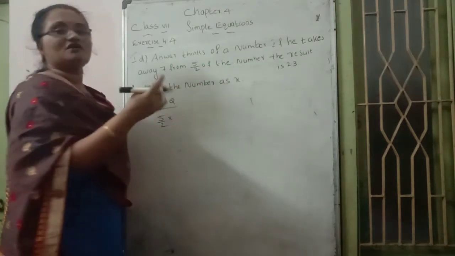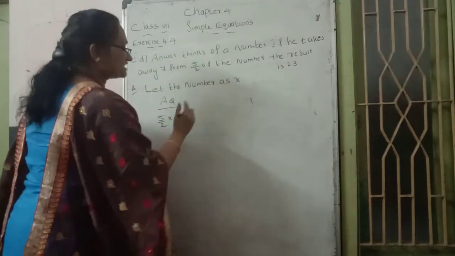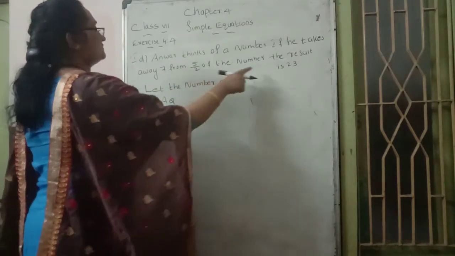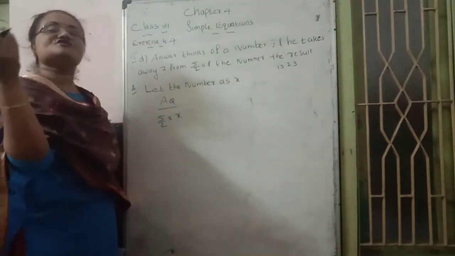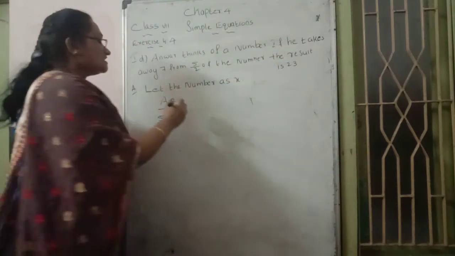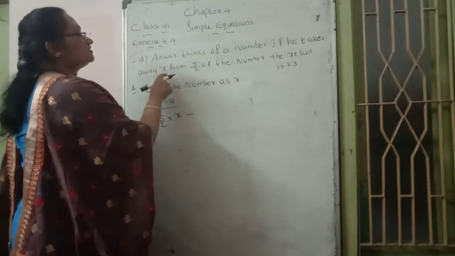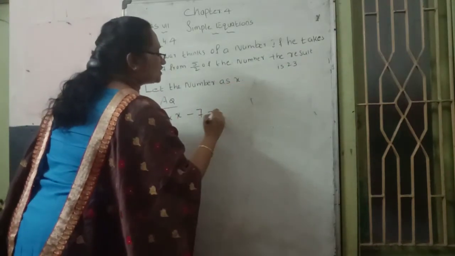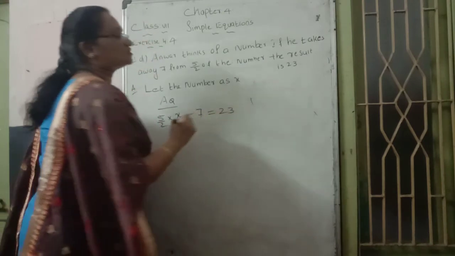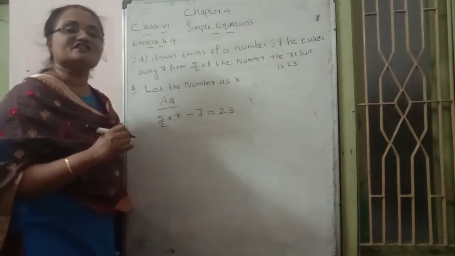The number, or a number, we consider as an alphabet x. He takes away means which operation? Subtraction operation. Which number? 7. The result, how do we write? Equal. Which number? The result becomes how much? 23 is the result.